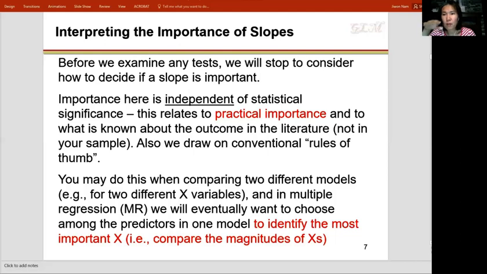So they cannot be compared on the raw scale. However, we can standardize them, and then they have comparable magnitudes. So standardized slopes can be used as effect sizes, to tell which effect is higher than the other.